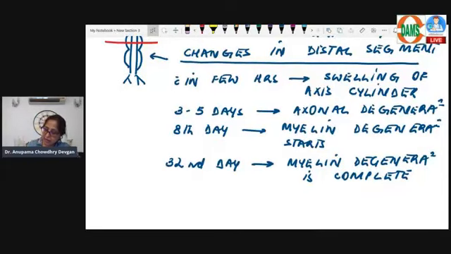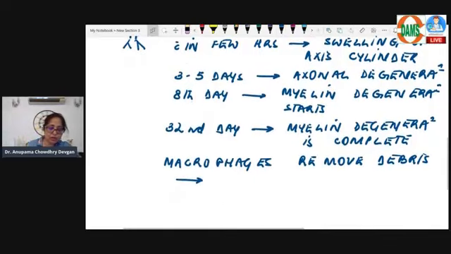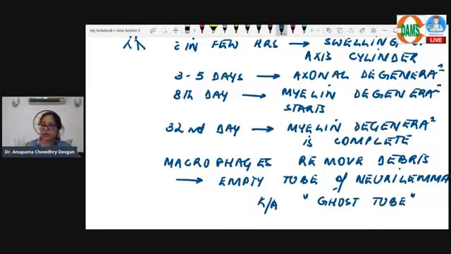Now macrophages remove the cellular debris, and you get an empty tube of neurilemma, which is known as a ghost tube.